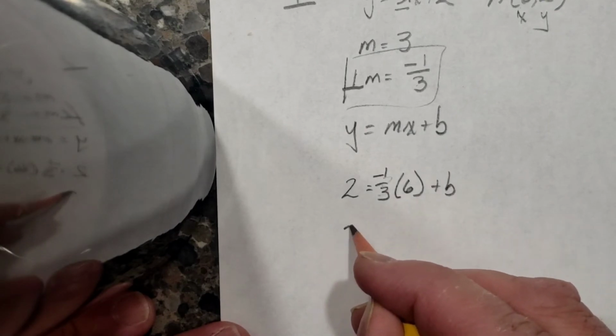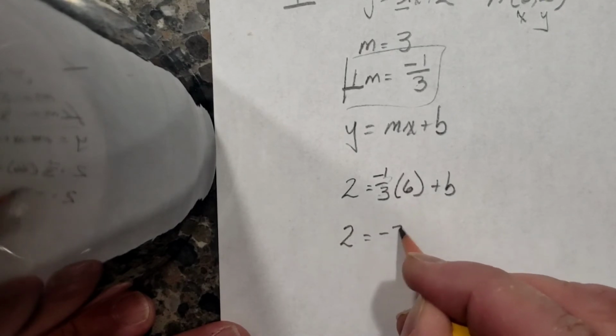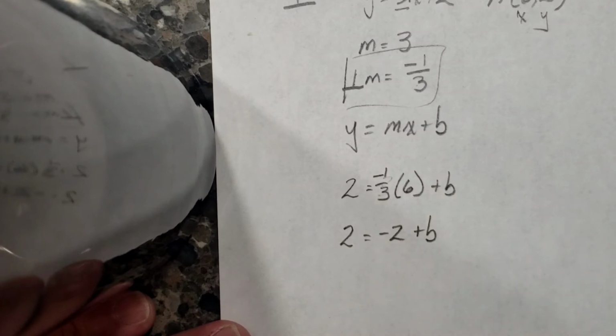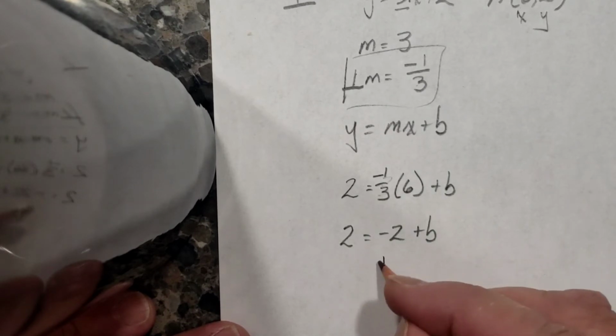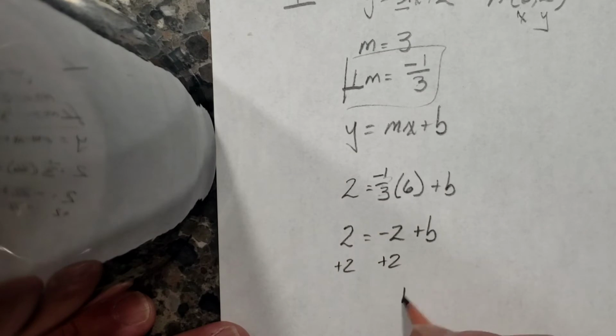All right, we have 2 equals negative 2 plus b. So when you add 2 to both sides, you get b equals 4.